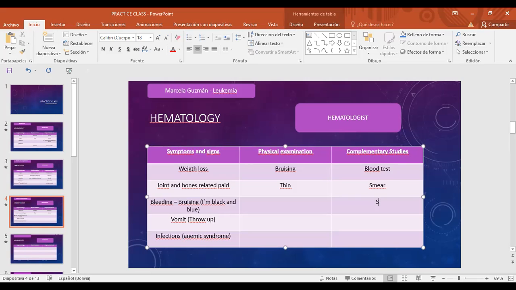Great, spinal fluid. Okay, great. We would also find a higher count of white blood cells right there.